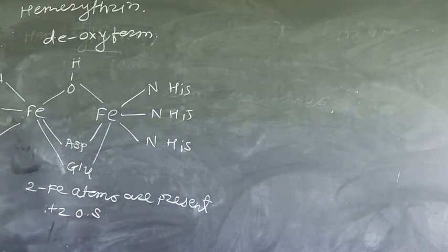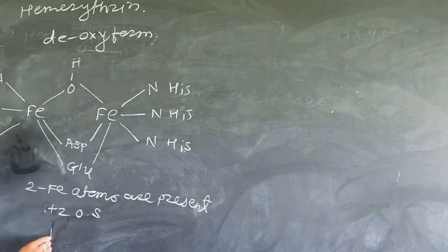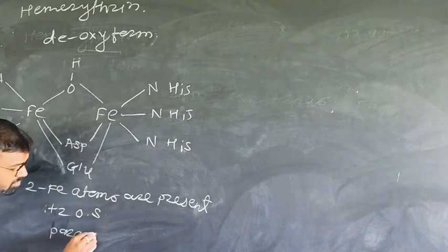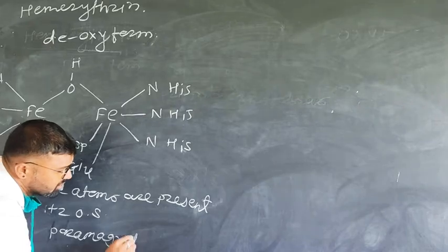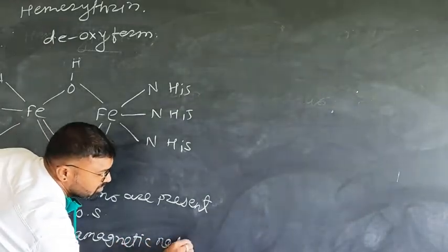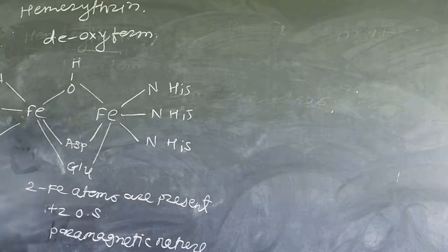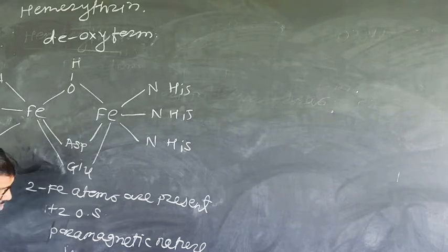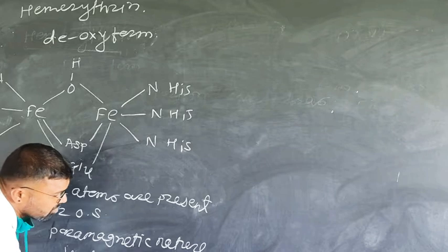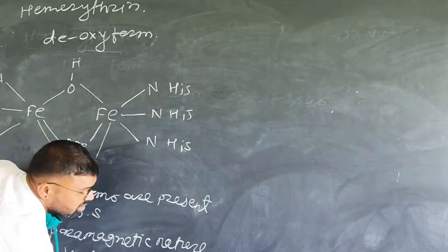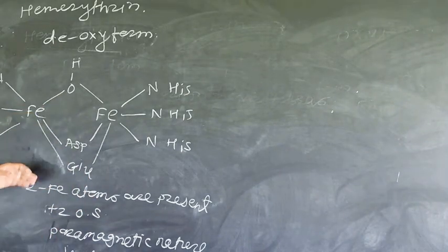As these are in +2 oxidation state, this is paramagnetic in nature, and both Fe are in high spin state. These are the features of the deoxyform.